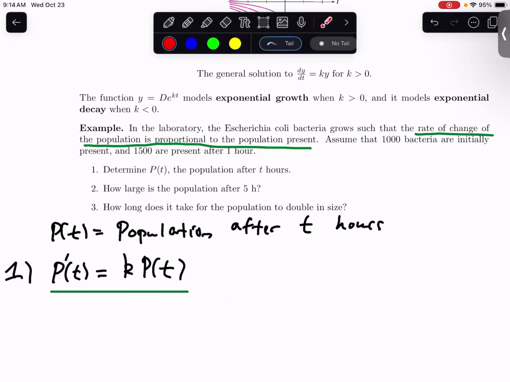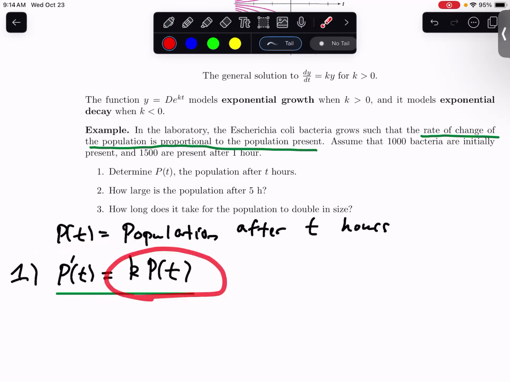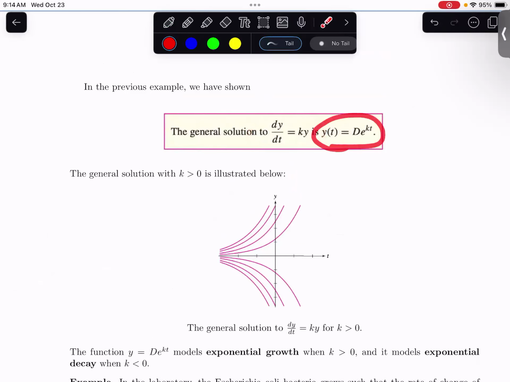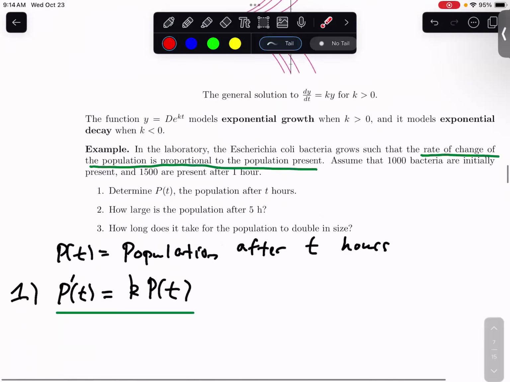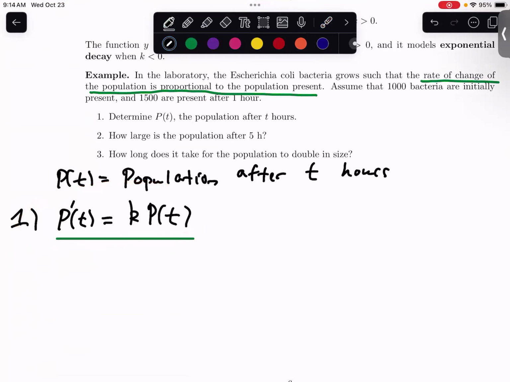And so once you know that we have this differential equation, P prime of t is equal to k times P of t, the equation at the top of the page tells us that P of t is going to be equal to d times e to the kt. Because the differential equation is of this form, we already know what the general solution is going to be: P of t is equal to d times e to the kt.